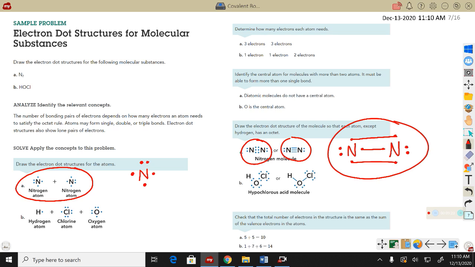So when I'm dealing with elements in the nitrogen family, they typically take 3 bonds, if they've already got 5 valence electrons and they're looking for 8. So I can get creative with nitrogen, and that would be anything in the nitrogen family: nitrogen, phosphorus, arsenic. So with 3 bonds, you could do a triple. Nitrogen could do maybe a double and a single, or 3 singles.